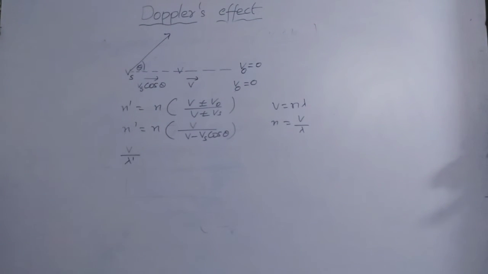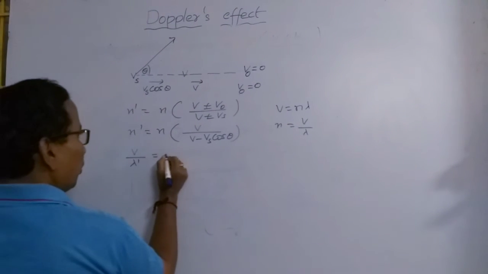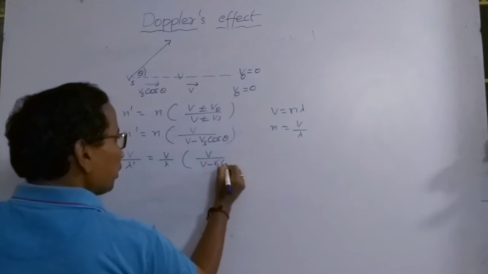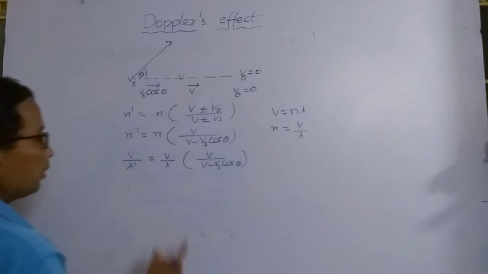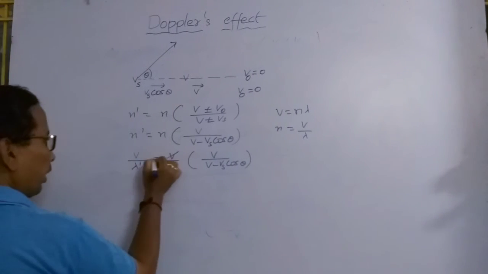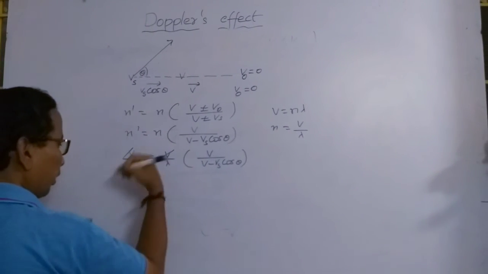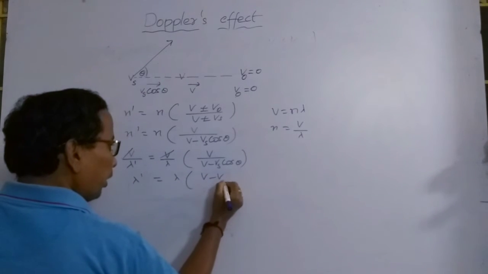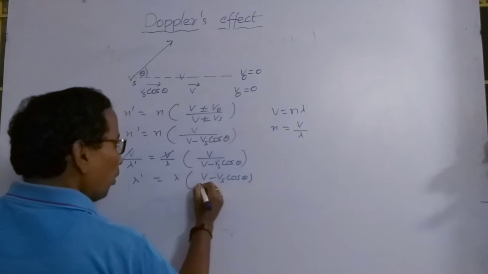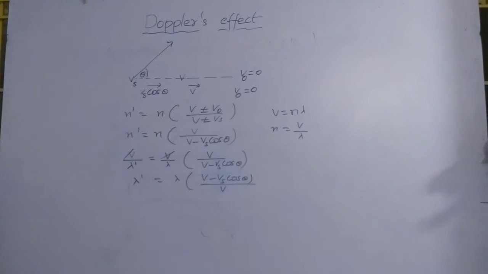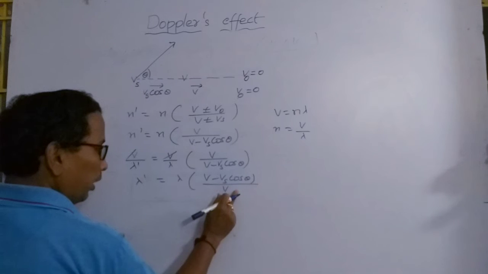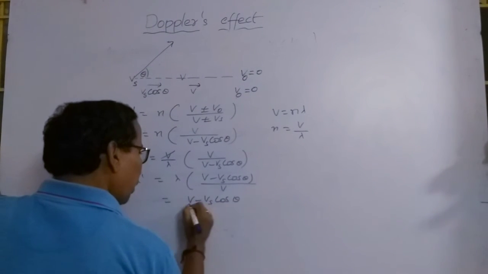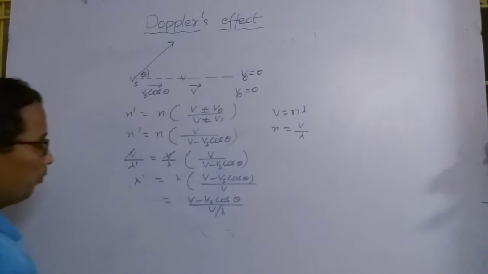That's why n dash is equal to v by lambda dash is equal to v by lambda into v by (v minus vs cos theta). Then the v's get cancelled. So just reverse those things, that is lambda dash is equal to lambda into (v minus vs cos theta) by v.